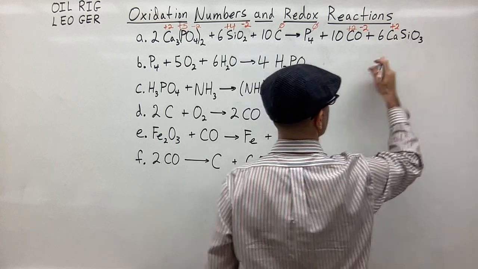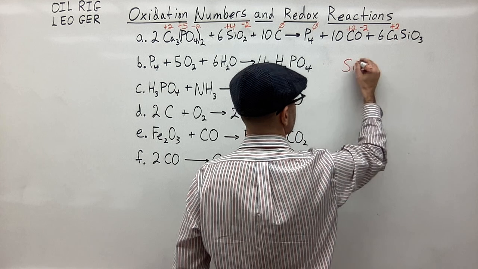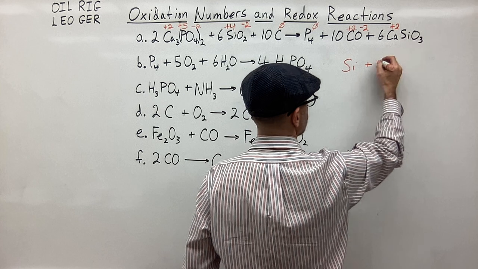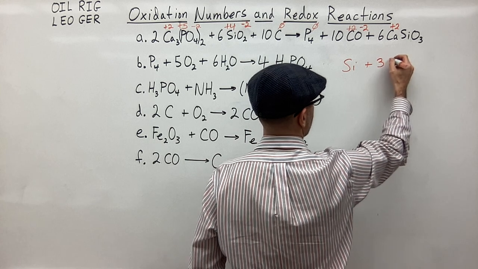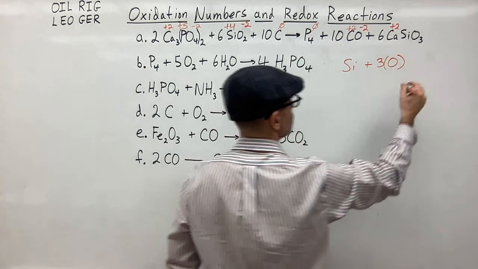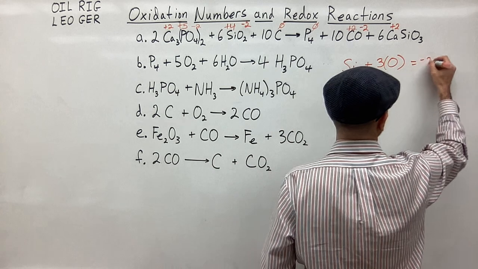So this has a -2 charge. So I have one silicon. So the oxidation state of silicon plus the 3 oxygens. So that's going to be 3 times whatever the oxidation state of oxygen is. And so those two added together is going to be equal to a -2 charge.